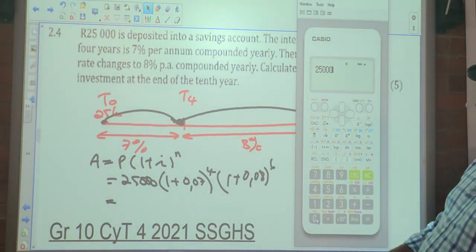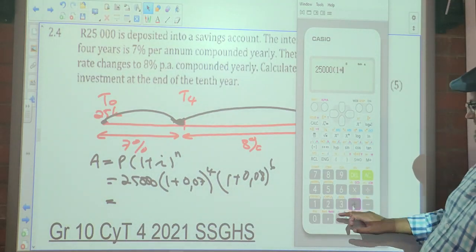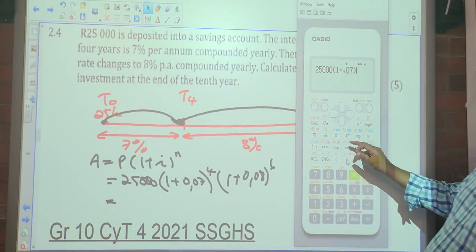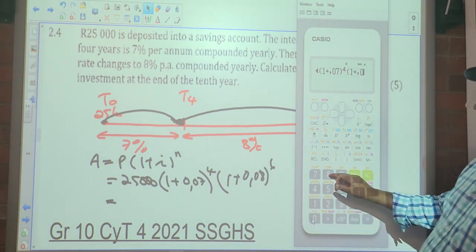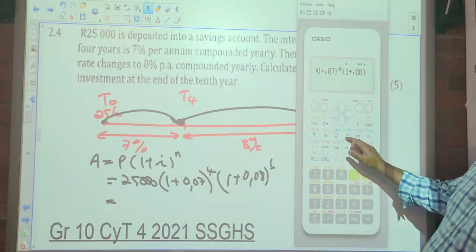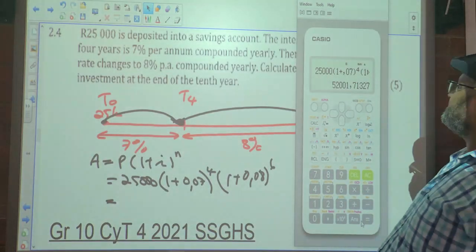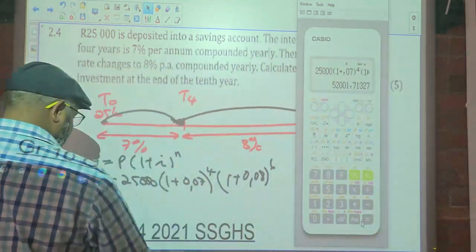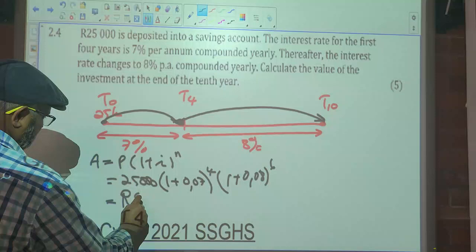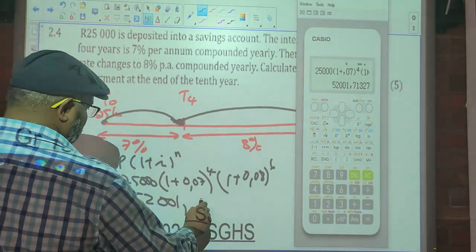But I just find this to be the easiest. So it's 25,000 into 1 plus 0,07 to the exponent 4, into 1 plus 0,08 to the exponent 6. 52,001 Rand and 71 cents.